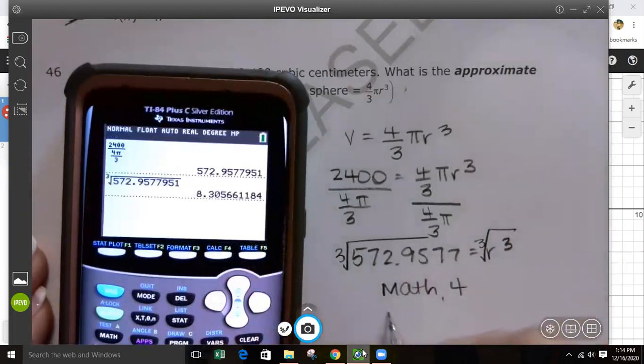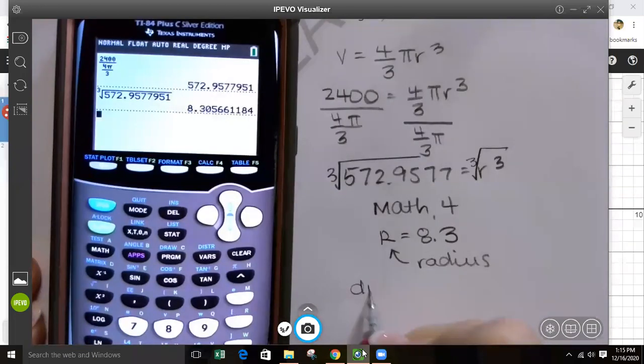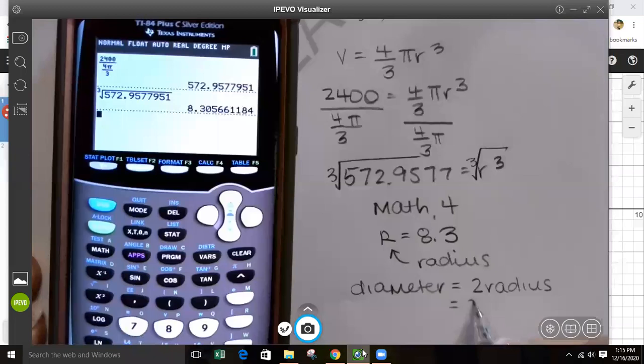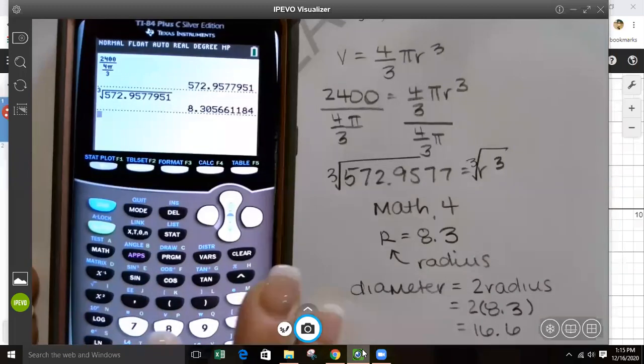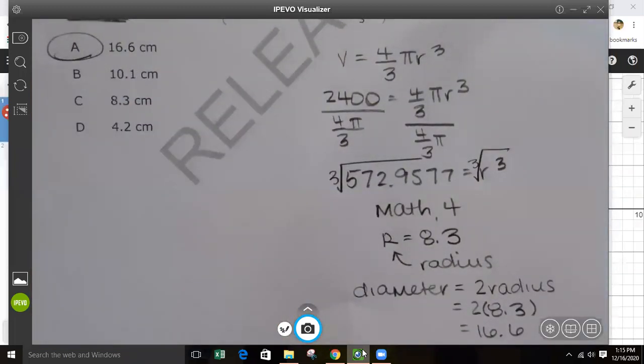So when we hit enter, we get r equals 8.3, but r stands for radius. What you should know from way back is that diameter equals 2 times the radius. So the radius is 8.3. So that means the diameter is 16.6. So your answer for 46 would be A.